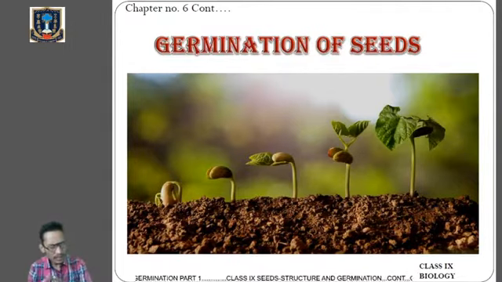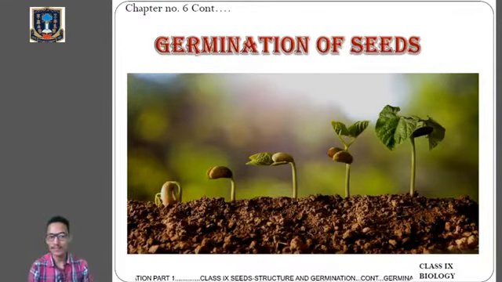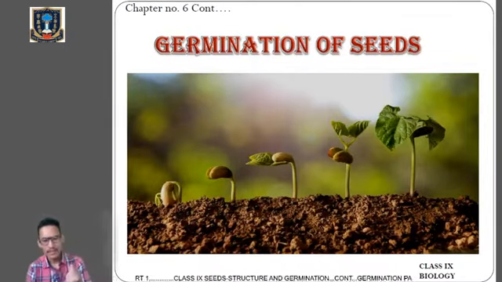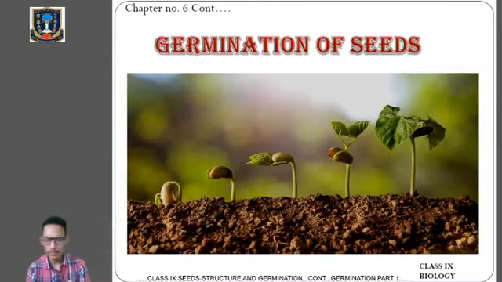But internally, a lot of chemical reactions or activities are going on which we cannot see. Dry seeds are consuming oxygen and giving out carbon dioxide in a very minute amount.